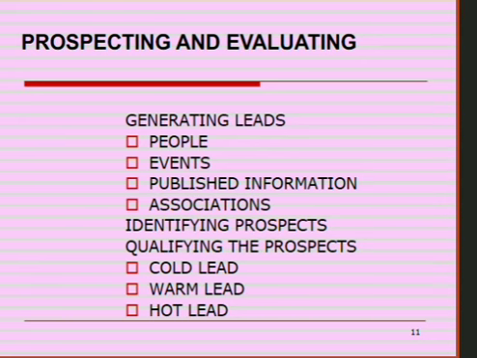The salesperson must also identify if the potential customer has the willingness, ability and authority to buy the product. Prospecting involves generating sales leads, identifying prospects and qualifying prospects. These are the 3 steps in prospecting and evaluation. Now we'll go through generating leads.